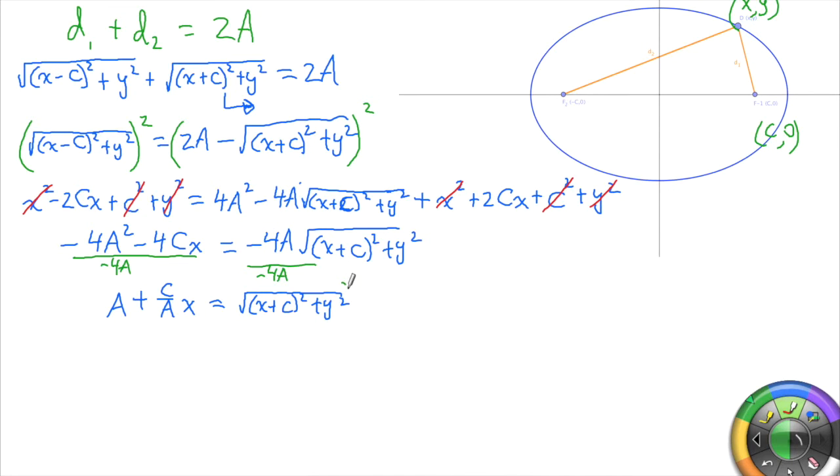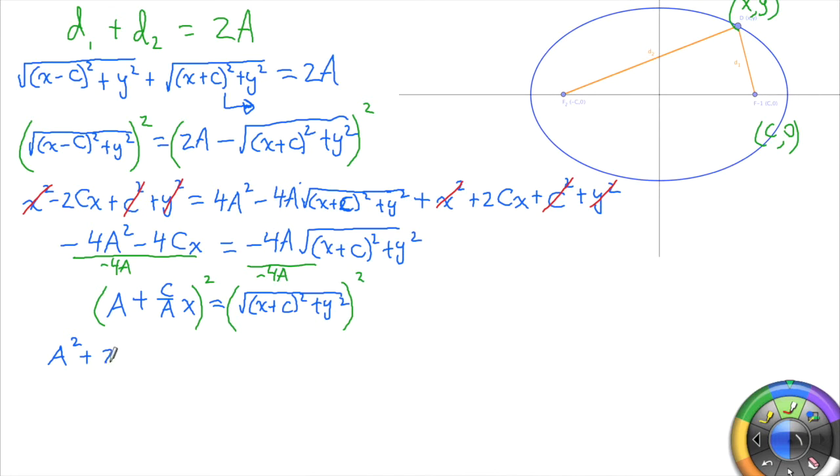Again, we have a square root all by itself, so we can square both sides to get rid of it. After I get rid of the radical, I'm also going to expand out what's on the inside finally. So we're almost done, and squaring this side, we're going to get a squared plus. So first, inner and outer is going to be the product of these two, and a times c over a is just going to leave us c.